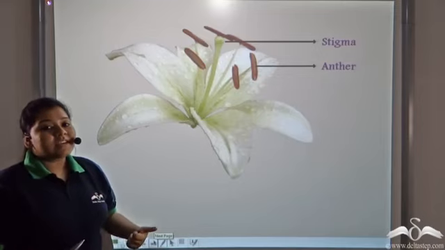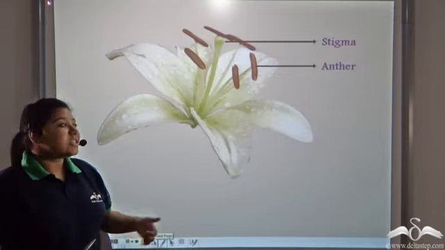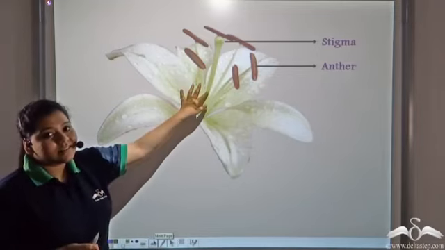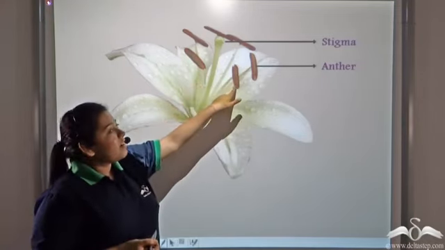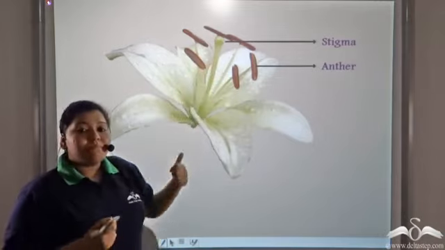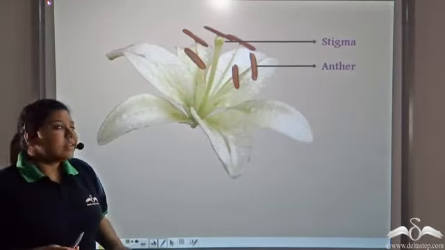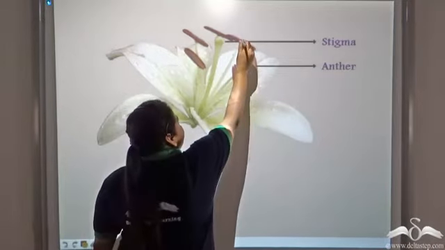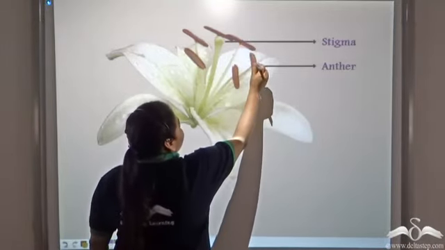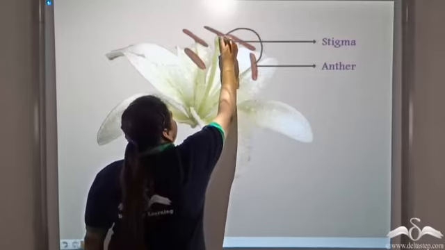Now, what do you think? Will self-pollination occur in this flower? Yes, definitely, because the anther and the stigma, both of them are present. So the transfer of pollen grains can take place from the anther to the stigma over here.